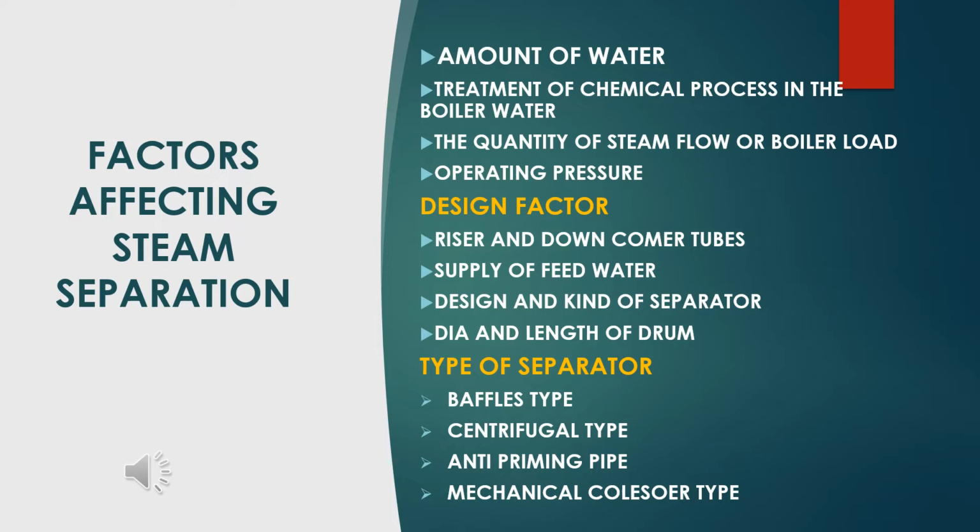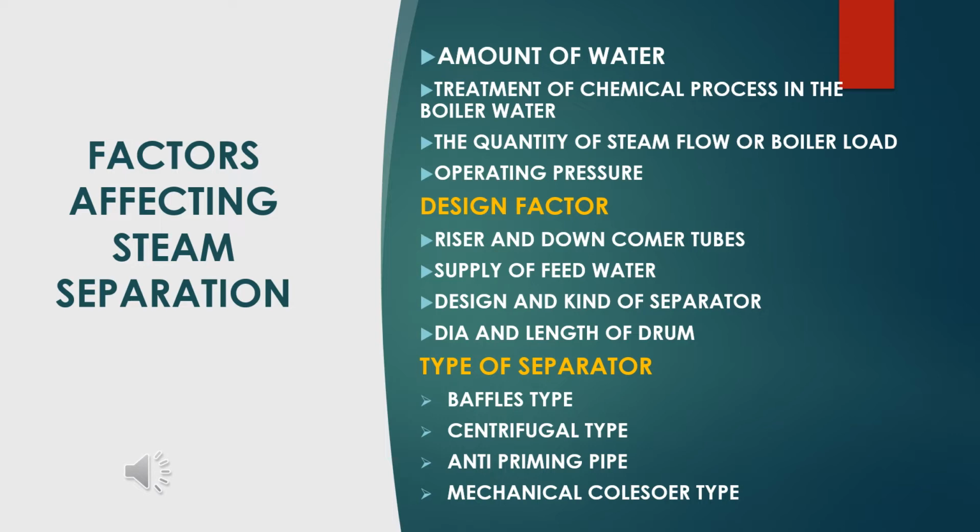Some parameters which affect the steam purity are also related to design factors. That means riser and downcomer tubes: if the design of the riser and downcomer tubes is perfect, then your water circulation will be okay. If your water circulation is okay, then your steam quality will be good. If your water circulation is bad, that is, the circulation of water is not sufficient, then the steam quality will be bad.